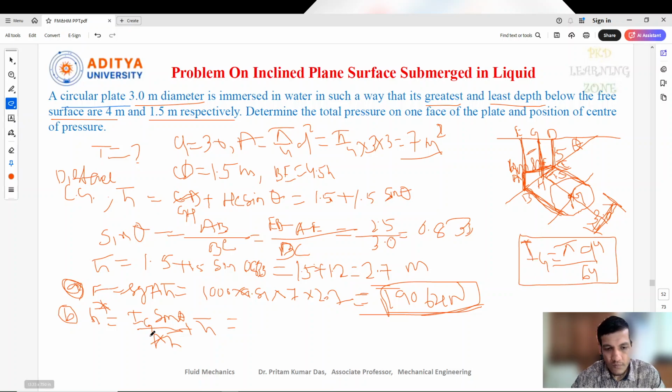Okay. Now that value will be pi d to the power 4 by 64, d equal to how much? Diameter 3, to the power 4.